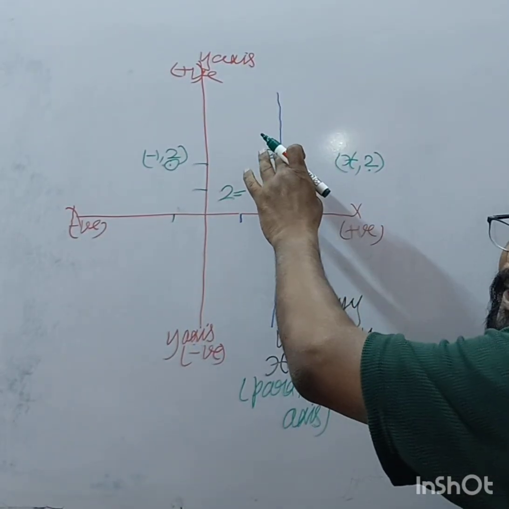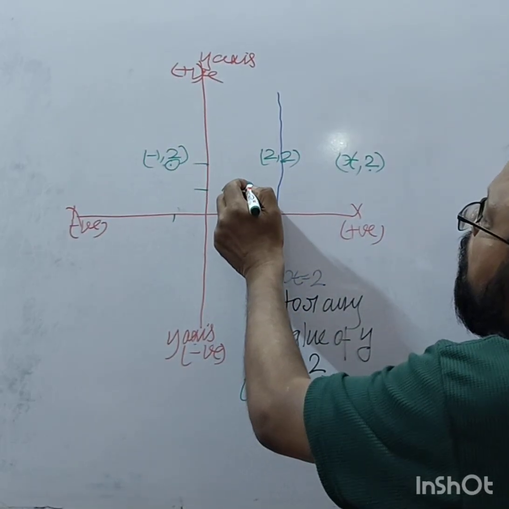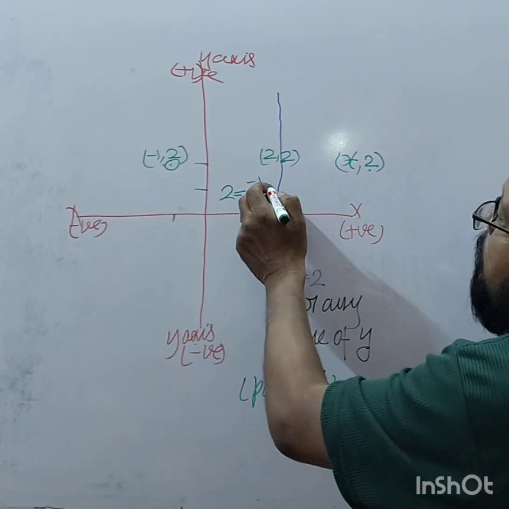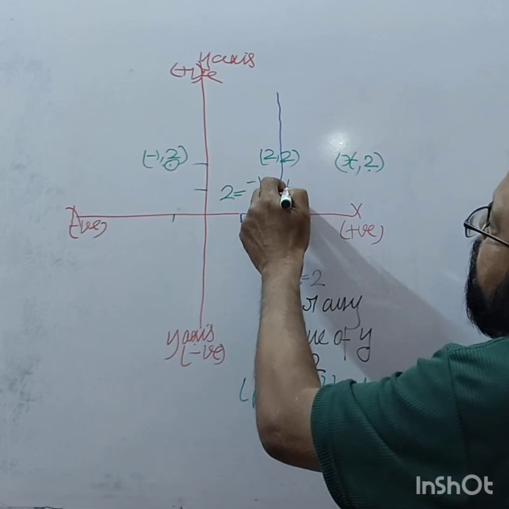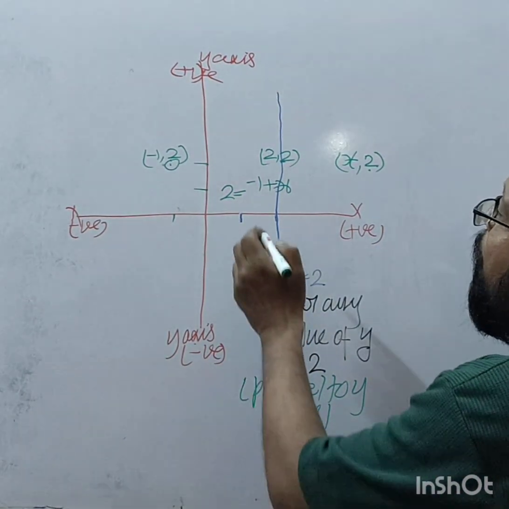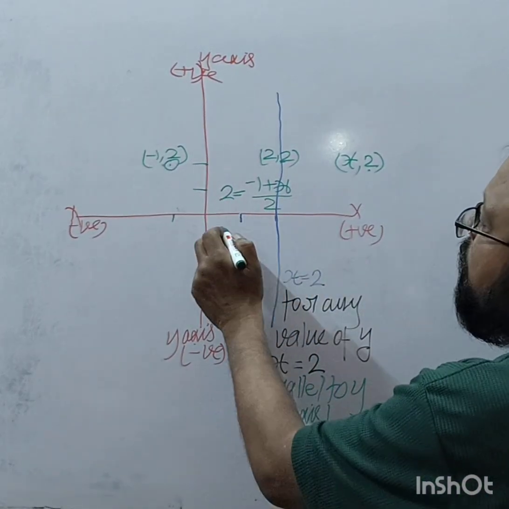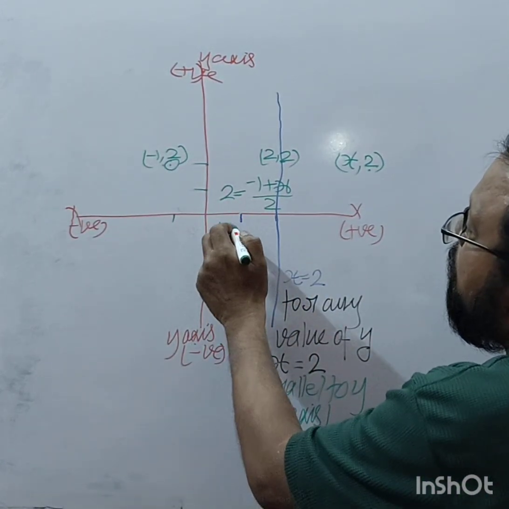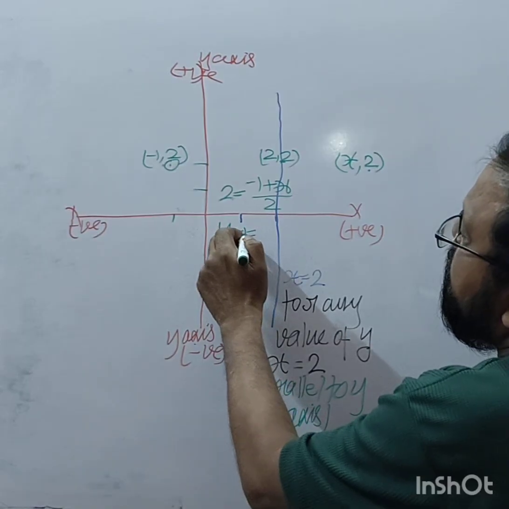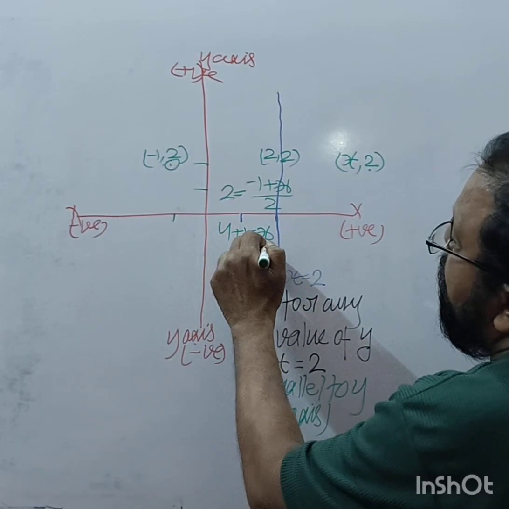So it is a midpoint. So 2 is equal to (-1 plus x) upon 2. So 2 times 2 becomes 4 plus 1 is equal to x. So 5 is equal to x.